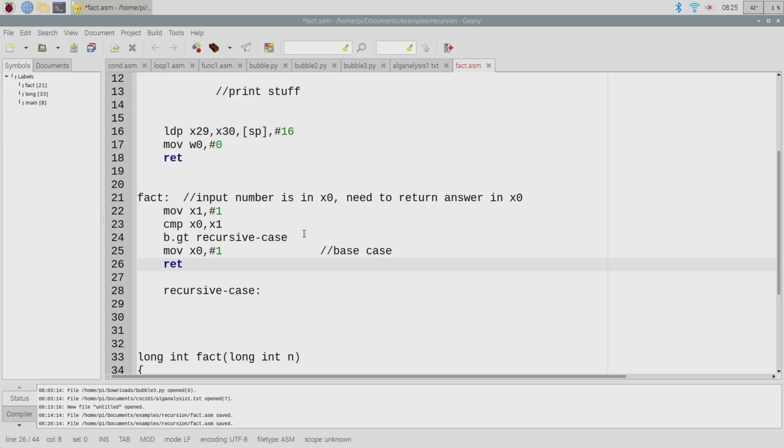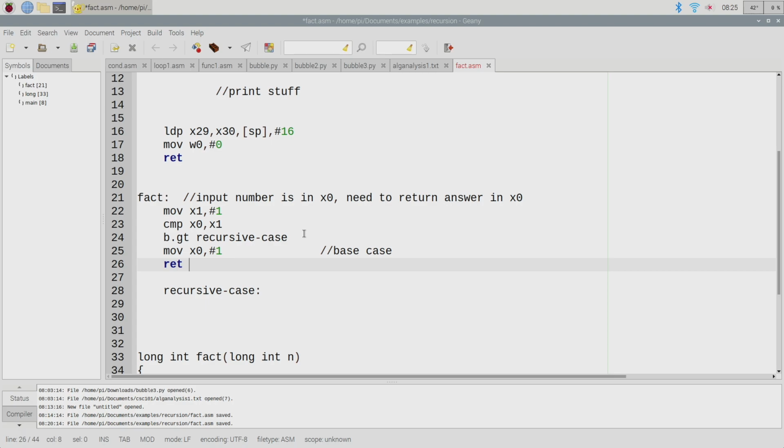Good? Now the recursive case. So here's sort of the issue. I've got the number in. Let's say 5 is coming in. What do I need to pass to the recursive case? X0.